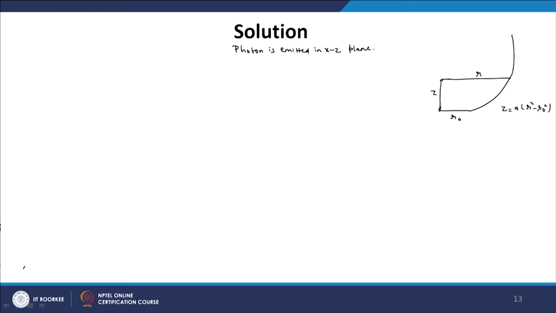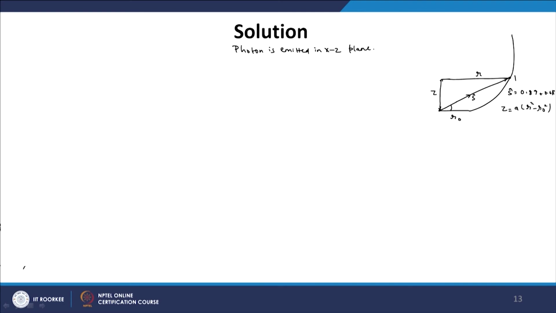So, we have a photon emitted in this direction. This direction is given as s cap is equal to 0.8 i cap plus 0.6 k cap. So, we have to find out what the coordinate of this point is.